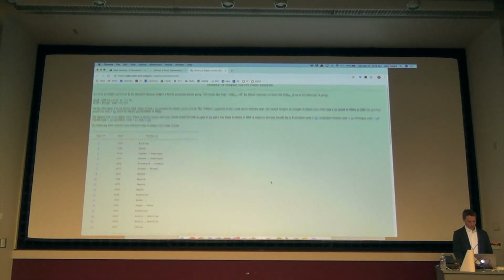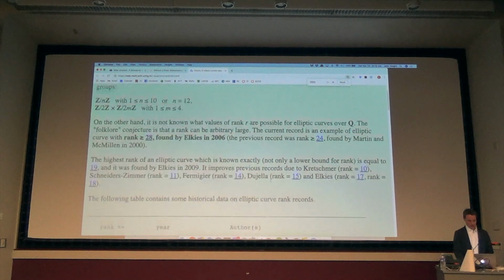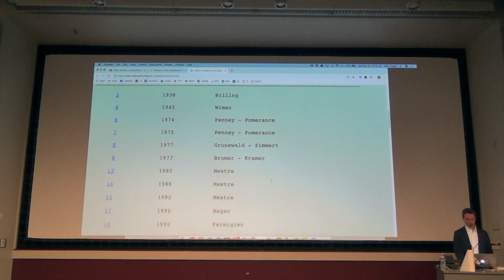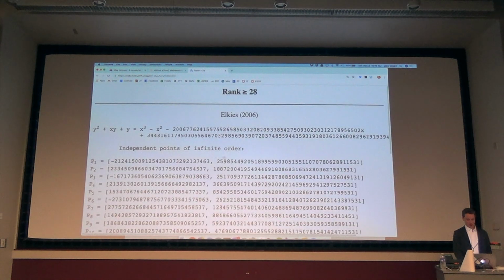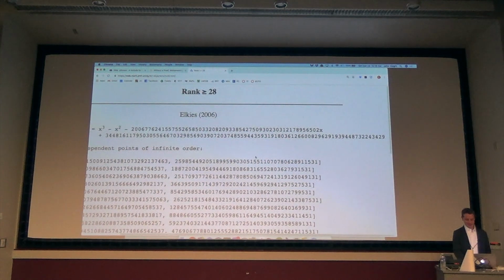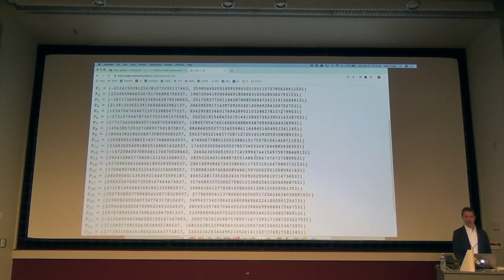Okay. So here are the rank bounds. You can't read that. Okay, now you can read. So here are rank bounds in history. And the rank 28 curve was found in 2006. You can see I clicked on it. There you go. Those are the points.